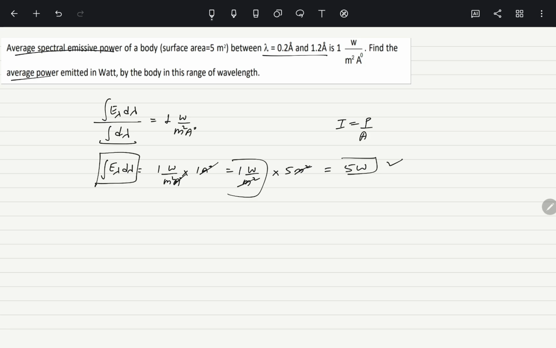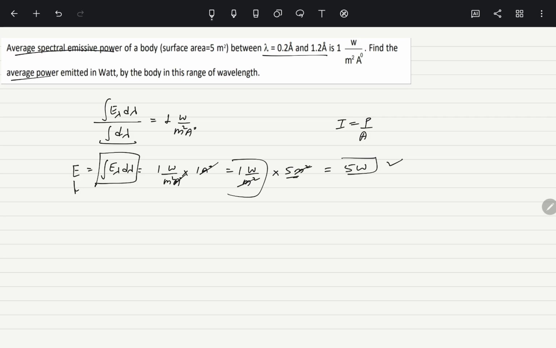If you multiply this with the wavelength, so integration E lambda d lambda, that E only, the emissive power, we call this E as emissive power, which is radiation per unit area. That is nothing but the intensity. You getting my point? So that's why I just multiply this with the area, to get the watt power, which is radiation per unit time. Okay, so that's it.